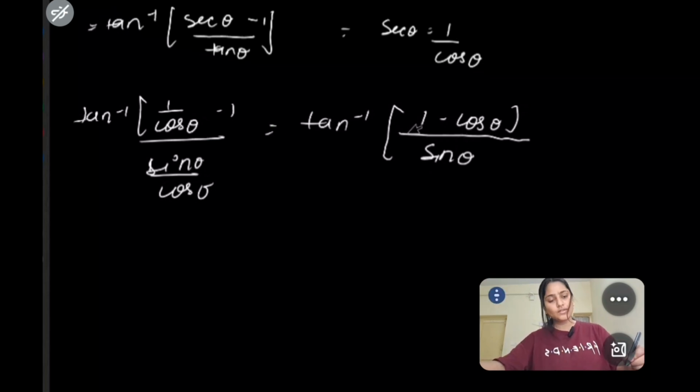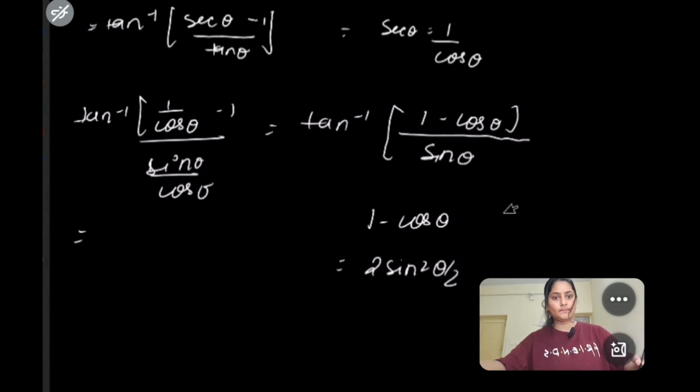Next we'll solve. We know another formula: 1 minus cos theta equals 2 sin square theta by 2.